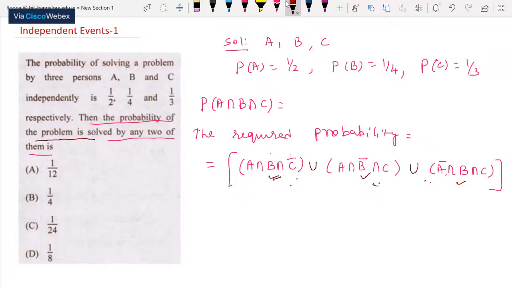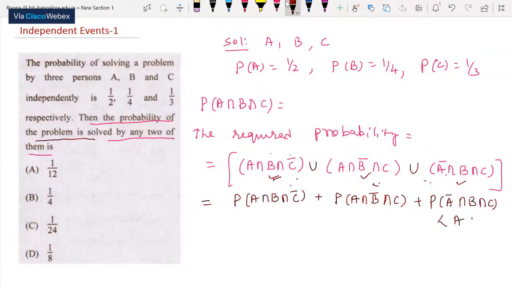Therefore, from the addition theorem, I told you they may use both theorems in such a problem. From the addition theorem, we get the sum of their probabilities, that is, the sum of the three probabilities, including the probability of A complement intersection B intersection C. This is from the addition theorem.